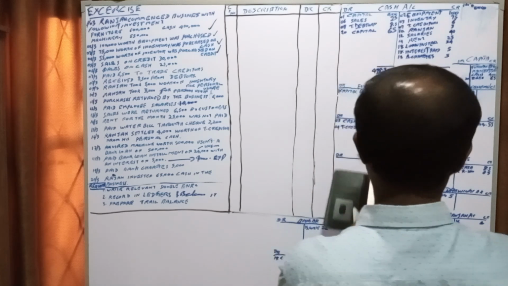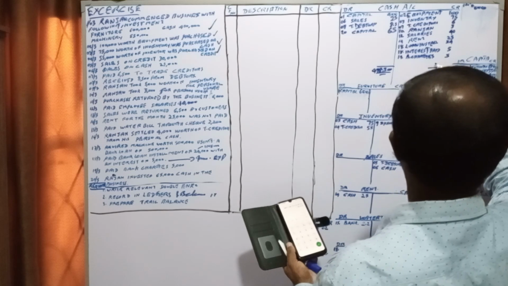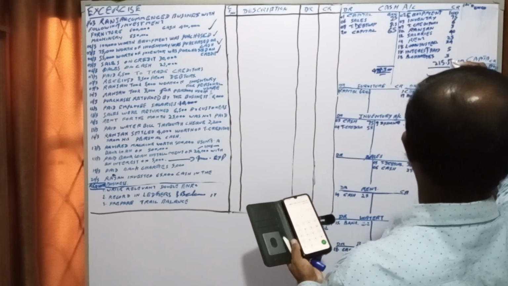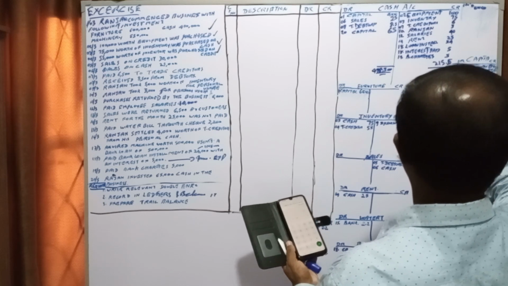So here the balancing figure is 215,500.